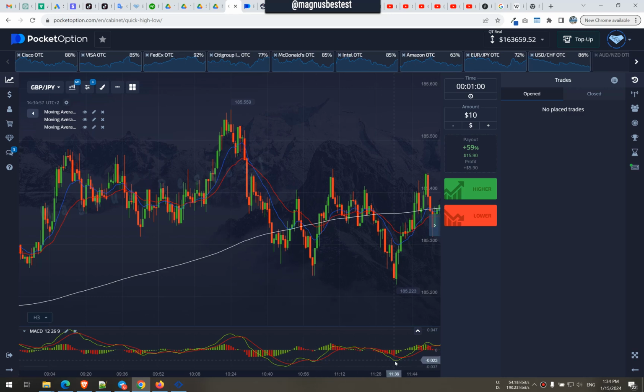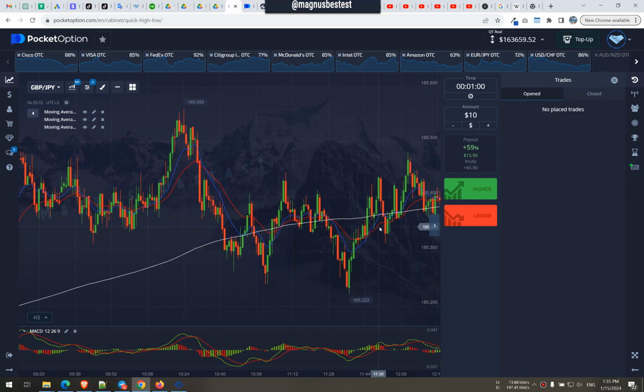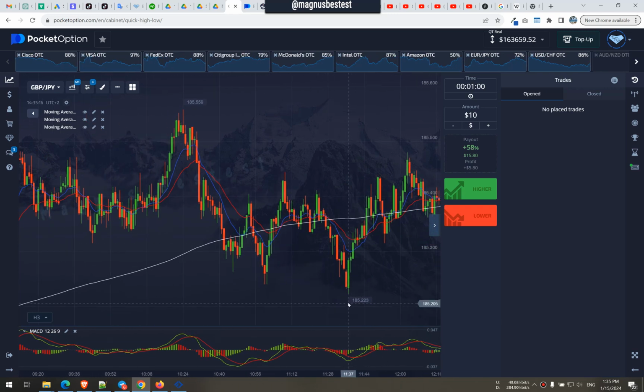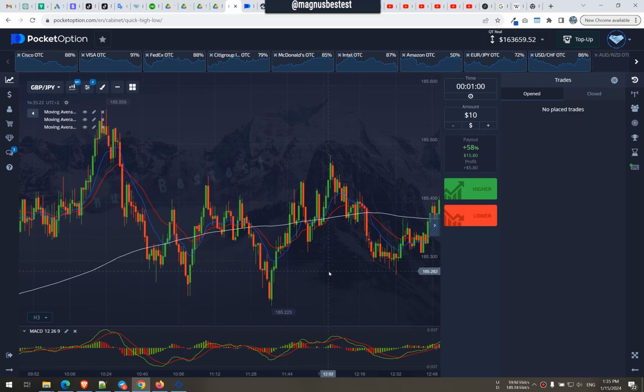We actually got a higher low. So this is a bullish divergence, and as you can see, if you traded this bullish MACD divergence, you would end up in profit as well. You would enter around here, it's confirmed, and profit.